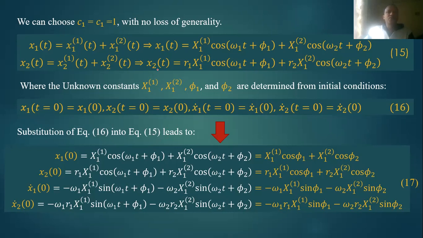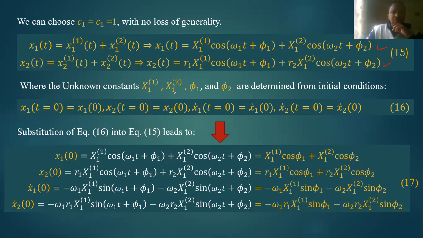Similarly, for x2 of t, instead of x2 of 1, we substitute r1 x1 of 1, just substituting this constant. So we have these 2 equations, equation number 1 and equation number 2.